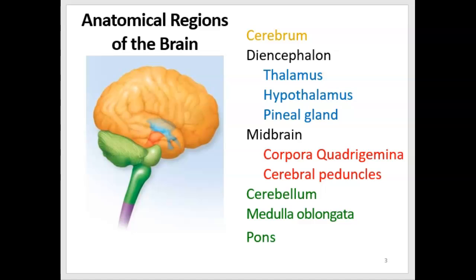Two midbrain structures that you'll learn in lab if you haven't already are the Corpora Quadrigemina and the cerebral peduncles that I mentioned previously. We will also look at three structures in the hindbrain: the cerebellum, the medulla, and the pons. So the cerebellum is here, the medulla oblongata is here, and the pons is there.